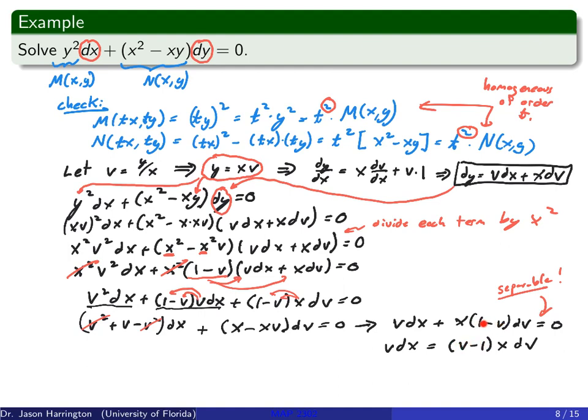So I just change the 1 minus v to v minus 1. Then I need to get rid of this x, so I'll bring that over to the other side. And then I need to move this v to bring this to the other side, which turns into 1 minus v dv. And that is what we'll solve on the next slide. I want to keep going with this, so there is more after this slide.